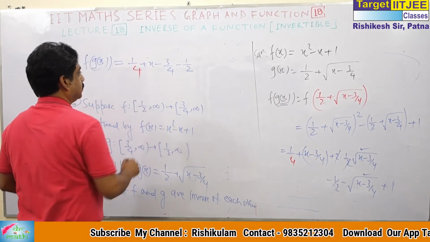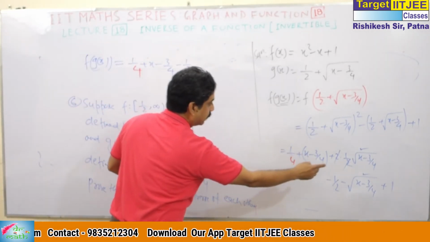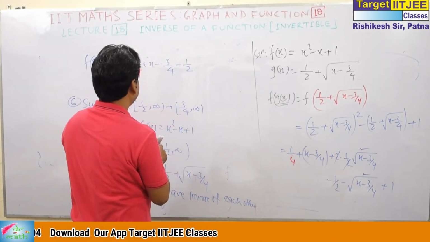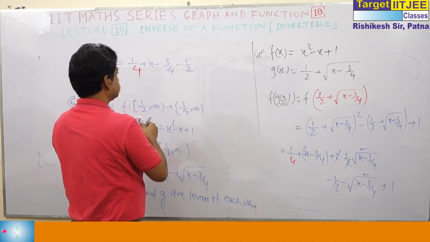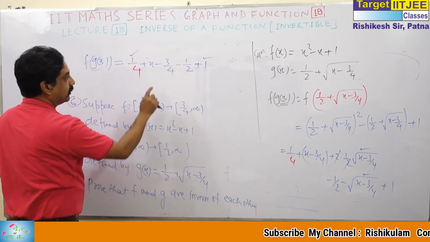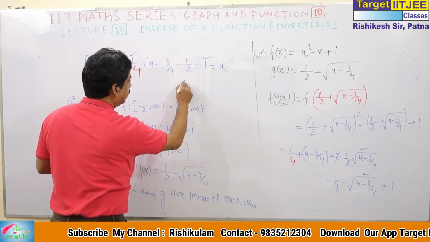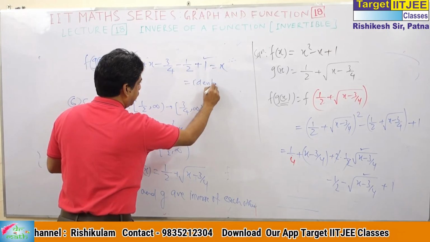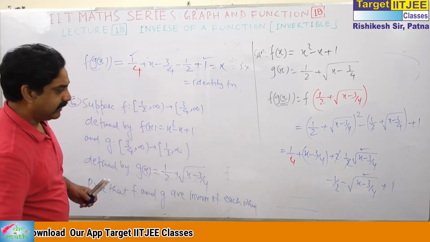This is 1 by 4, so 1 by 4, this is x minus 3 by 4. These two terms cancel. This is minus 1 by 2, and finally this is plus 1. Now you can see these two are 5 by 4 and these two are minus 5 by 4. So they cancel, and we get x. Identity function. NCERT writes this as Ix, I am not using that, but I will write x only.